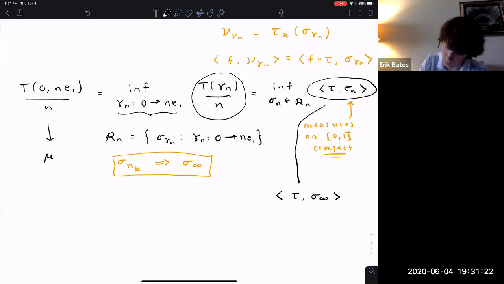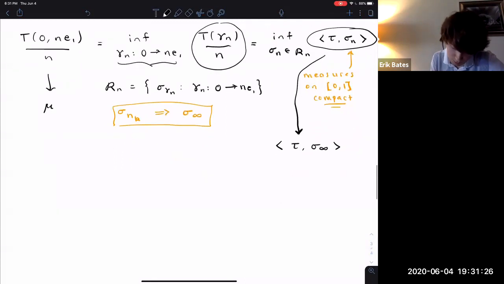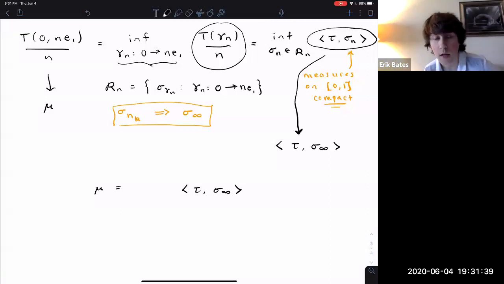So what have we expressed here? Well, I have the time constant mu, and it's now expressed as the integral of tau against some abstract measure. This sigma infinity was obtained out of a weak subsequence limit of empirical measures associated to geodesics.